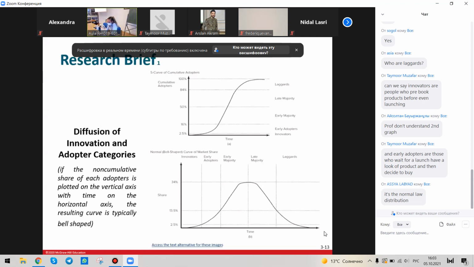And then we have the so-called laggards. Laggards are those kinds of subjects that don't depend on innovation. They are not interested in innovation. They are skeptical. And they adopt an innovation only when they are forced to.